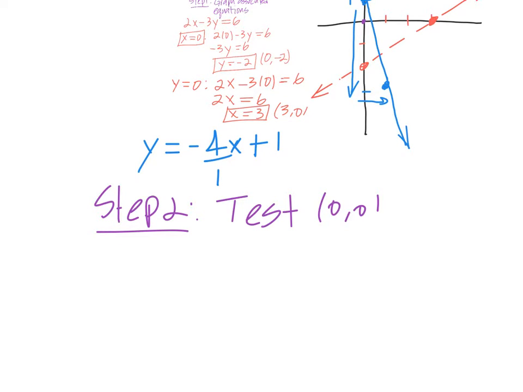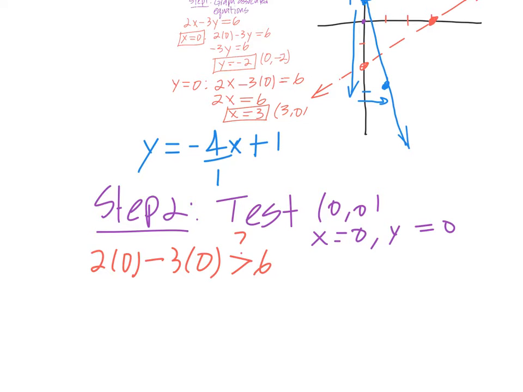So that means y equals 0 and x equals 0. In the first inequality, that would be 2 times 0 minus 3 times 0. Is that, in fact, greater than 6? And that just means 0 greater than 6. That is false.